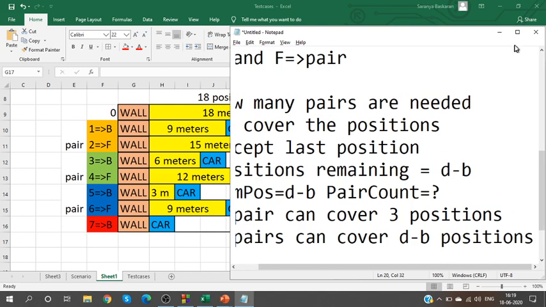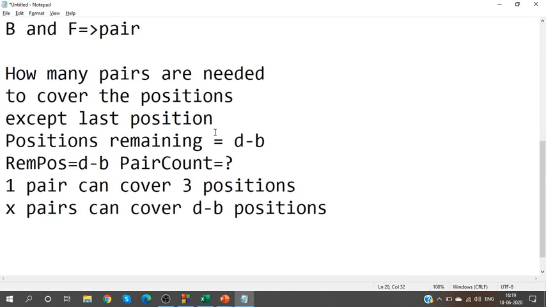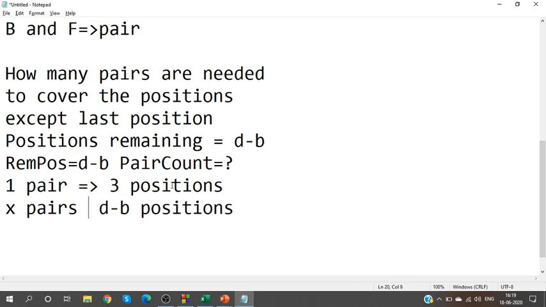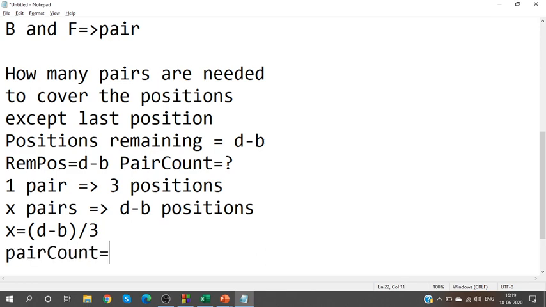So, here in this situation, D minus B is the distance, the positions. How many pairs are needed? Just use basic maths. One pair, 3 positions. X pairs, D minus B positions. So how will you calculate the value of X? X is equal to D minus B divided by 3. Or in other terms, pair count is equal to remaining positions divided by 3.